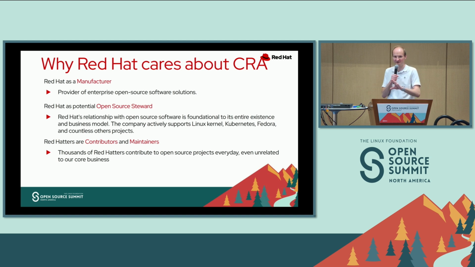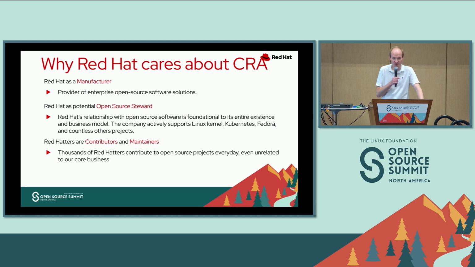A small injection of why we're talking about CRA specifically on behalf of Red Hat, right? Because we, as an open source first company, occupy kind of a weird place in this CRA because we hold almost all of the roles under the regulation. We are certainly a manufacturer because we sell stuff.